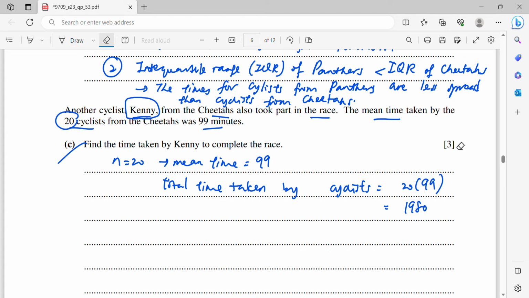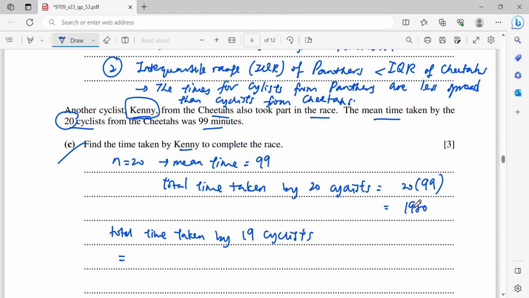Okay, so now to get the time taken by Kenny, I need to get the total time taken by 19 cyclists. I need to add up all the data in the back-to-back stem and leaf diagram.